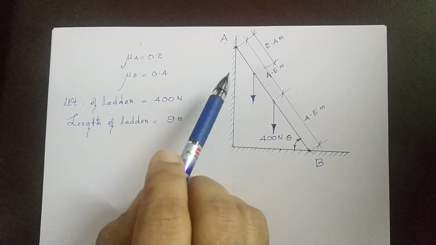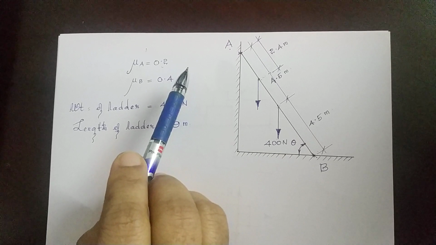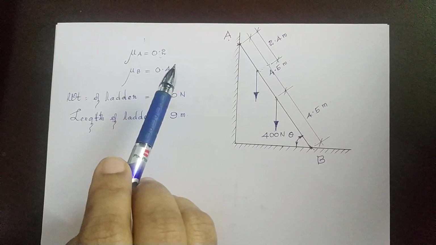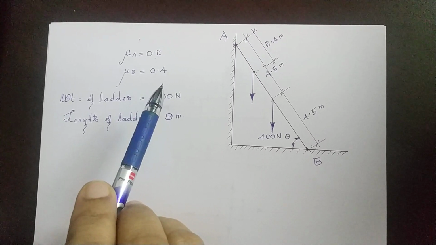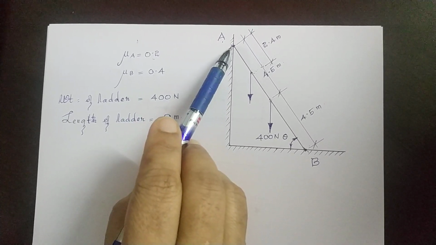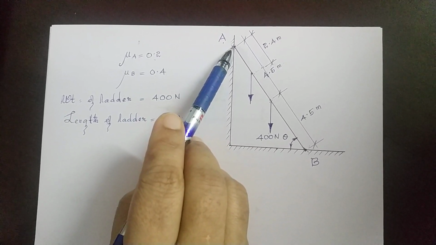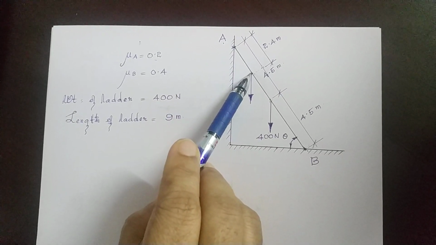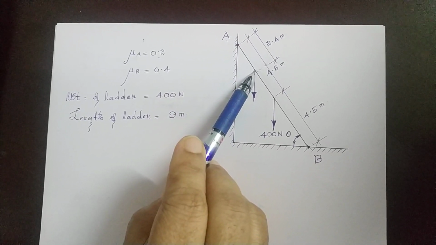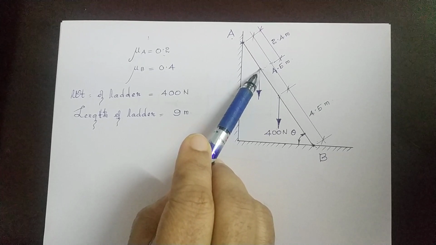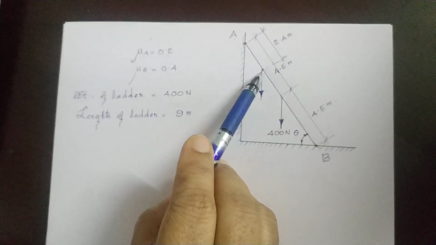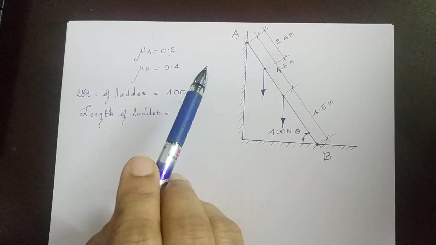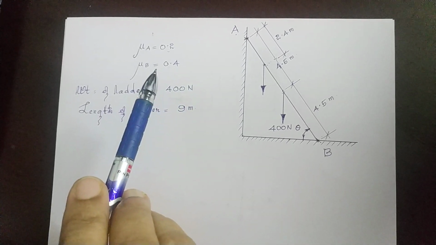I repeat, when a man of weight 900 Newton carrying a box of weight 108 Newton stands on the ladder at 2.4 meters from the top. This is a point where the man stands with a weight. At this particular point of time, the ladder just starts to slip.